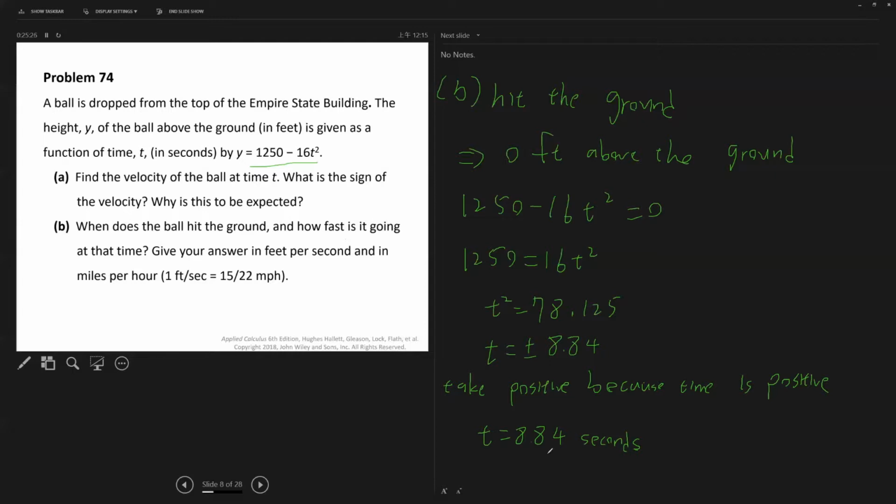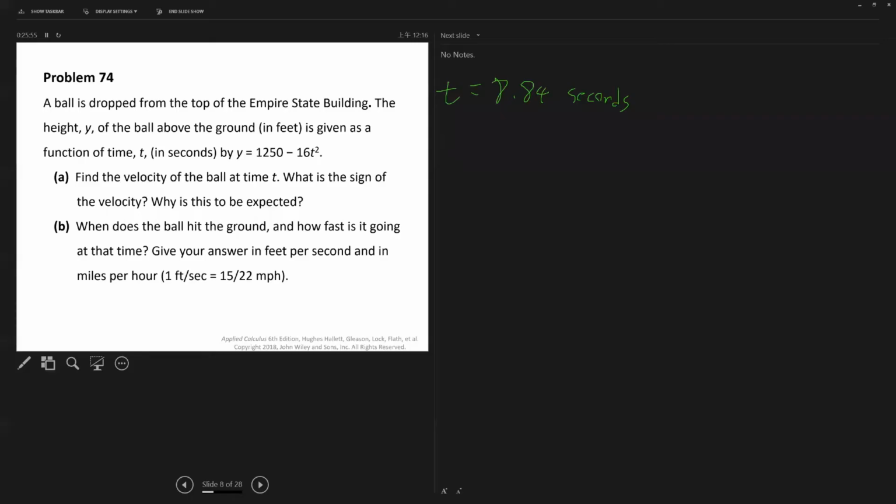All we need to do is take this t, 8.84, plug it into the velocity function, and evaluate, and we will see the speed of the ball hitting the ground. So t equals 8.84 seconds, and the velocity function p prime of t is equal to negative 32t.